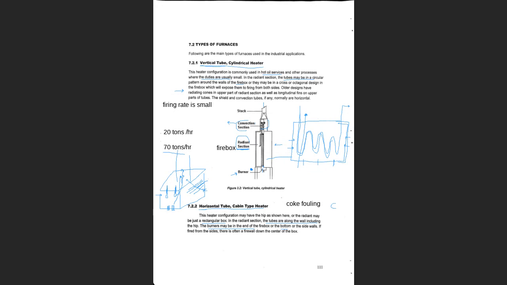So if you have some crude oil or you have a cracking furnace, جميل, and let's imagine that this is the tube. Okay, let's say this is a horizontal tube as an example. جميل.